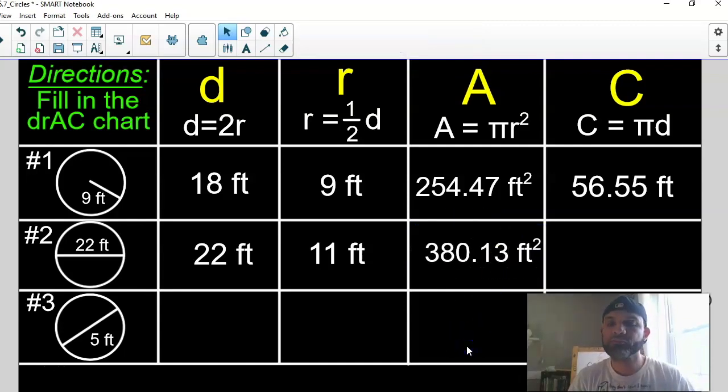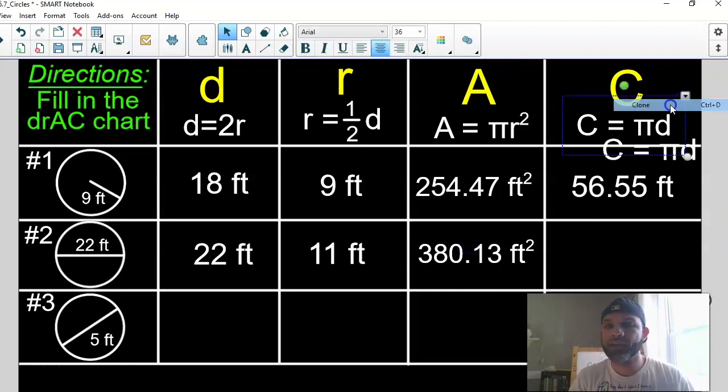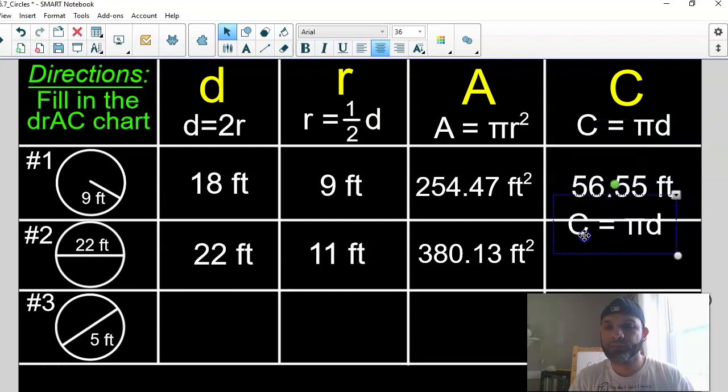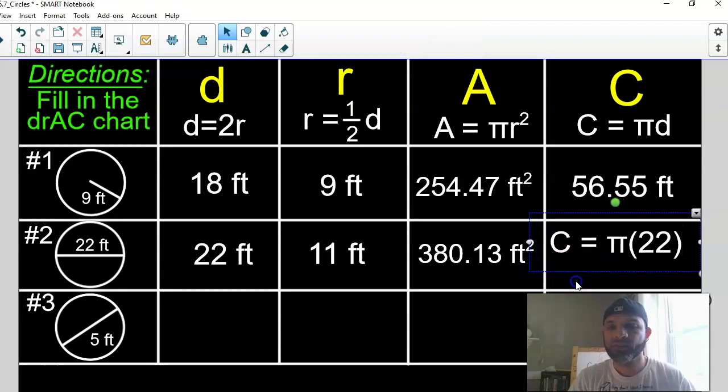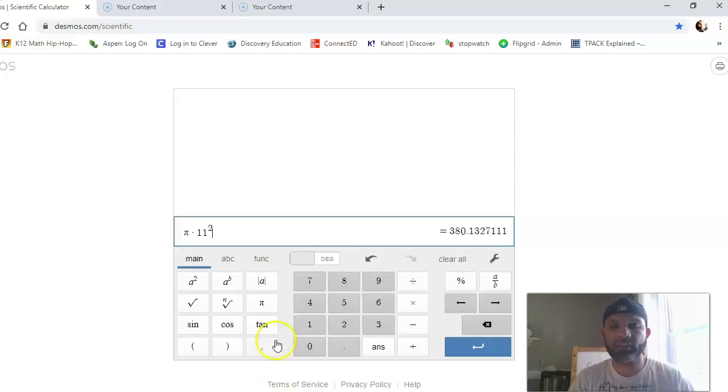And then finally, our circumference is going to be pi times the diameter. Well, the diameter was 22, so it's going to be pi times 22. So let's get our calculator, Desmos, clear it.